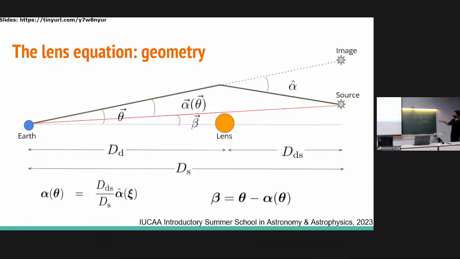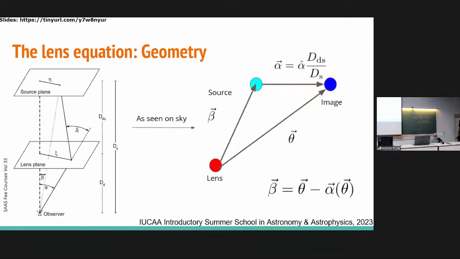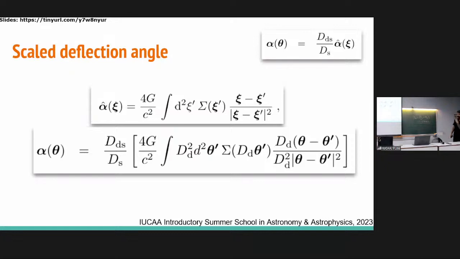Because it is nonlinear, you can have multiple solutions, which means a given source position beta can have multiple different theta values, depending upon what alpha is. So if I specify alpha, you can solve this equation to figure out the multiple positions. So we did our first job, to get the positions of the different images if someone has specified the lens potential.